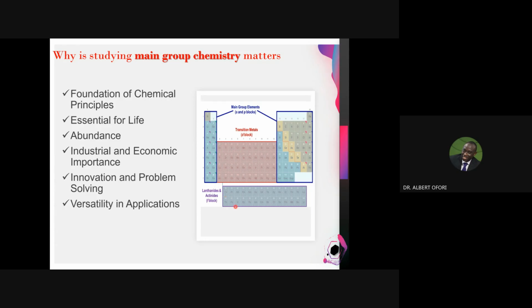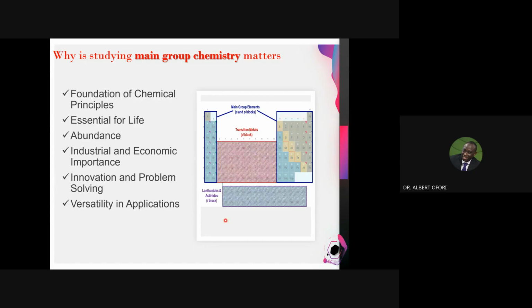And so if we understand the concept of main group, that is what leads to the main group elements. So we want to really understand or just know more about these elements which are kind of well known. So this is what we mean by main group elements.